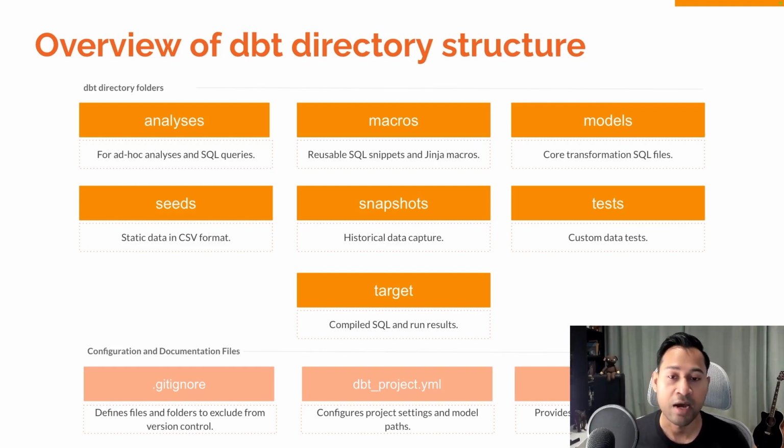This is one of the really powerful features that dbt brings in: the ability to write SQL once and reuse those SQL snippets across your other data models. So you're no longer polluting your SQL models by writing hundreds of lines of logic and complicated stuff. You write it once. Macros also allow you to define logic within them, and you can call those macros within your SQL models, which makes them reusable.